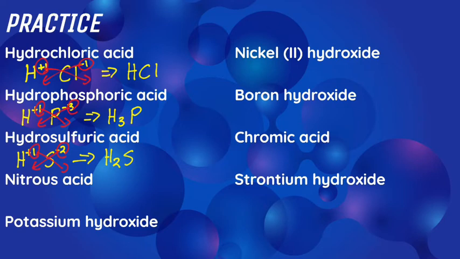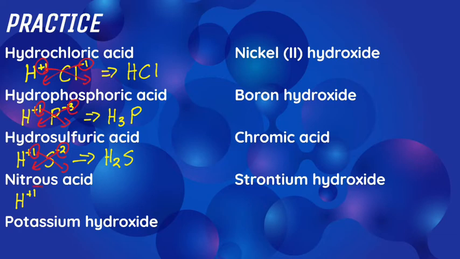All right, let's go ahead and take a look at nitrous acid. So it is an acid, so I do have hydrogen out front. But looking at this, I do not have the prefix hydro, so there is no hydro, which means I'm going to be dealing with a polyatomic. Now, because it is a polyatomic, we do need to make sure that we get our correct word for it.